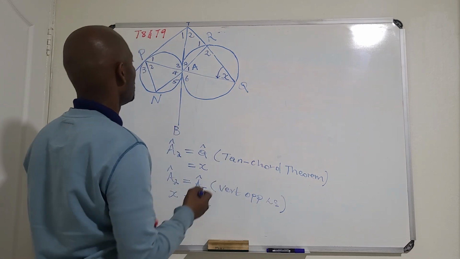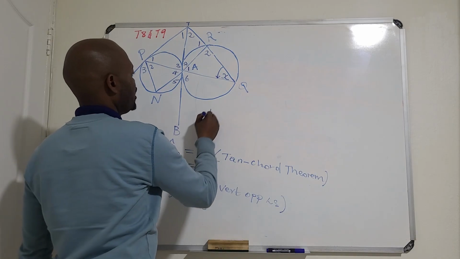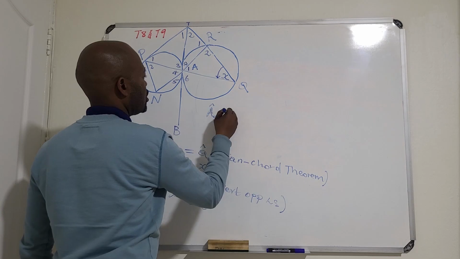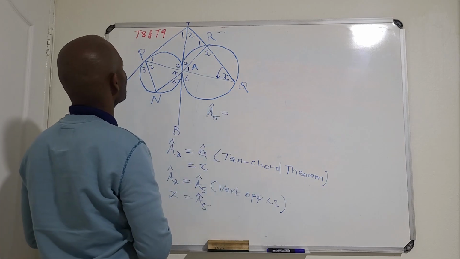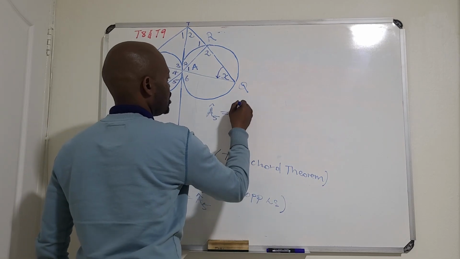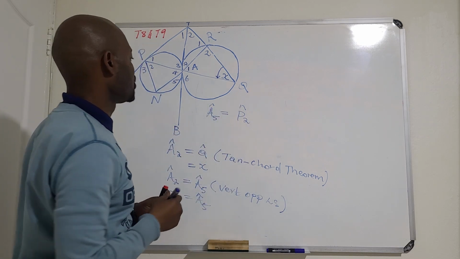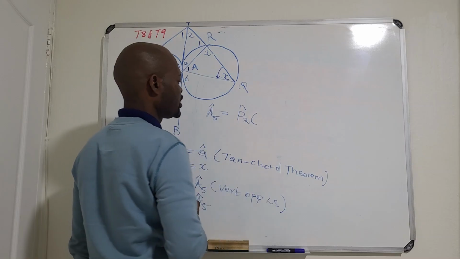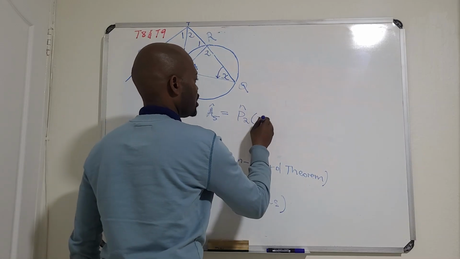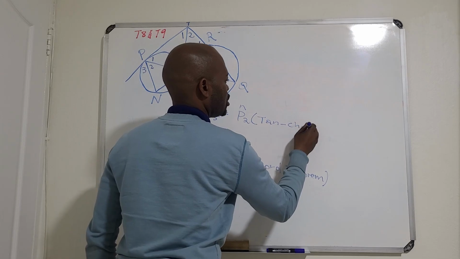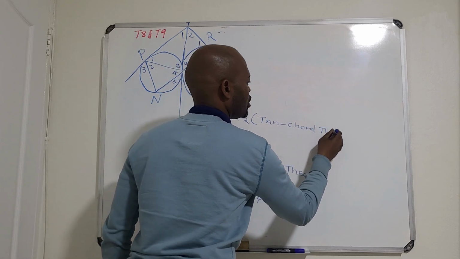Therefore, we know that angle A5 is equal to angle P2. Reason? We still say tan chord theorem.